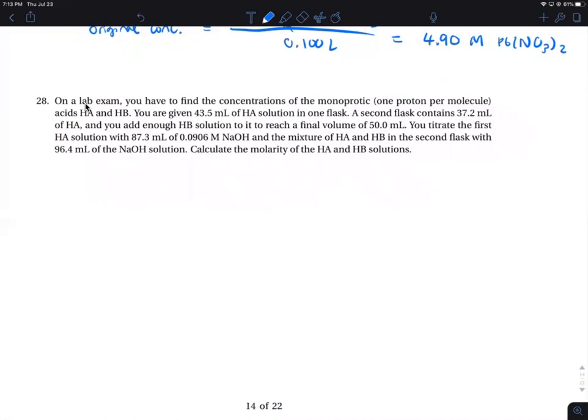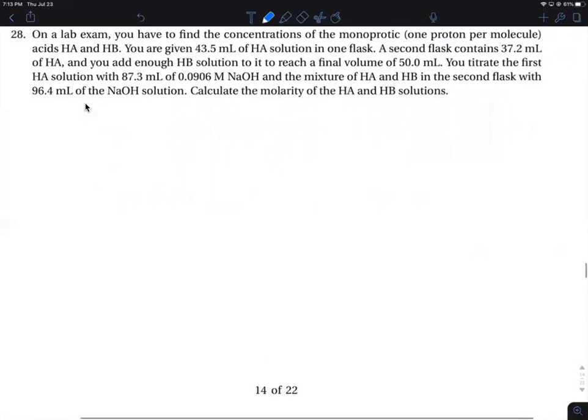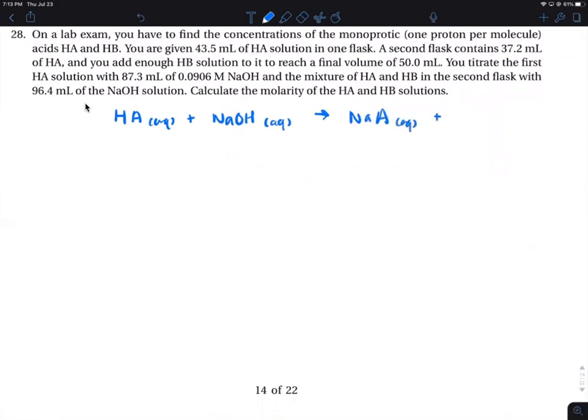So if we think about it, the balanced equations for either HA or HB with NaOH are going to be the same. So let's just do it for HA first. So HA plus NaOH is going to form NaA and water.